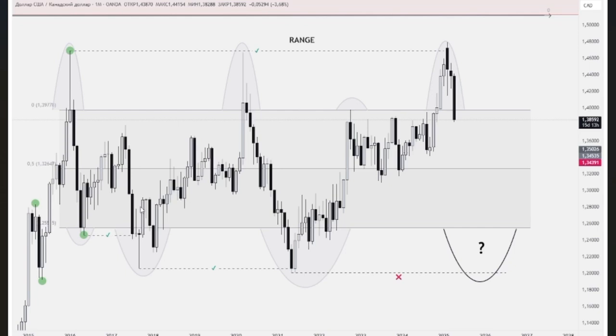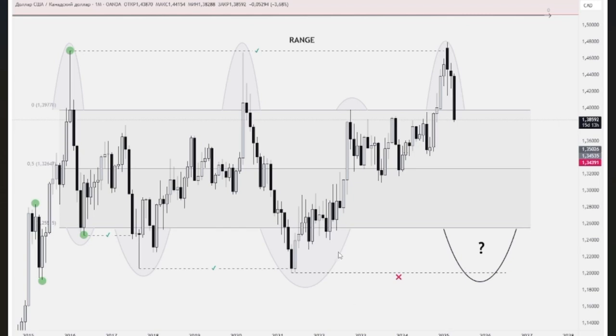And what we can see inside of this range, after this impulse, price makes a correction, lifts liquidity. We have two deviations here and here. We have a liquidity sweep here, a new deviation, entry in the range, exit from the range, we created two equal highs, then bam, we have again a liquidity sweep, a new deviation, and one more liquidity sweep.